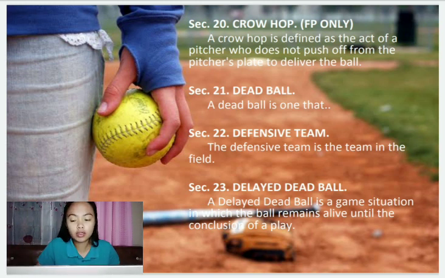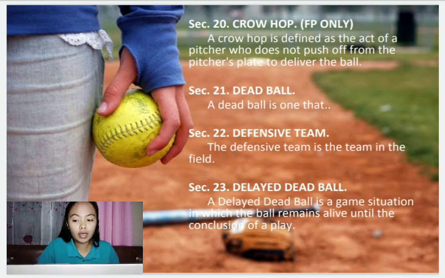Next section is the 21st section, the dead ball. A dead ball is one that touches an object that is not part of the official equipment or officially played area, or a player or person not engaged in the game. So, maging dead ball siya kapag nahawakan siya ng any object na hindi part ng official equipment or official playing area.